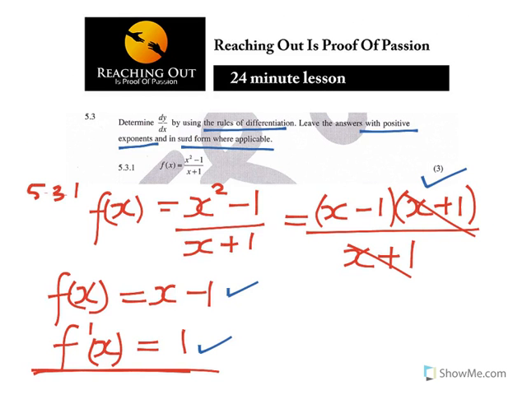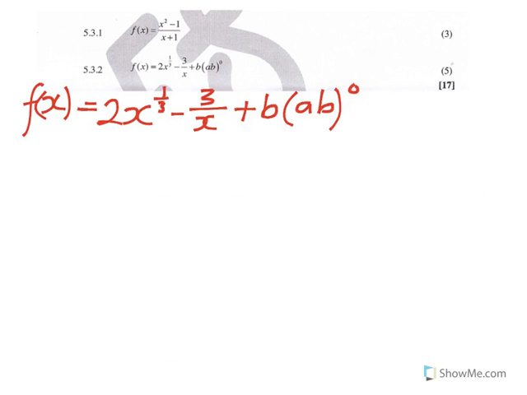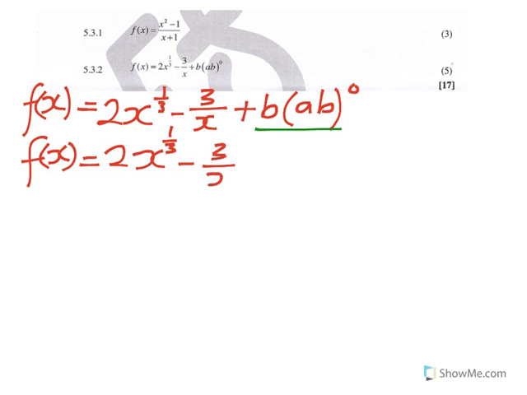Remember, they say leave your answer with positive exponents and in surd form where possible. Now the first thing that they wanted to bring there was this part, b to the power 0. Okay, you can move on to say f of x, any number to the power of 0 is a 1 because of the marks, but actually it was not necessary. 3 over x plus b to the power 1.